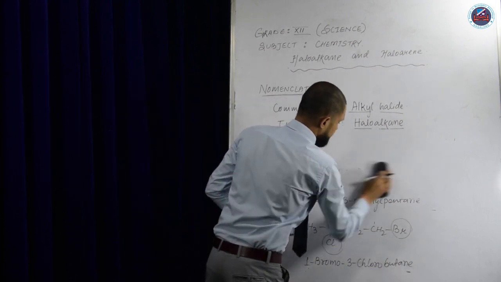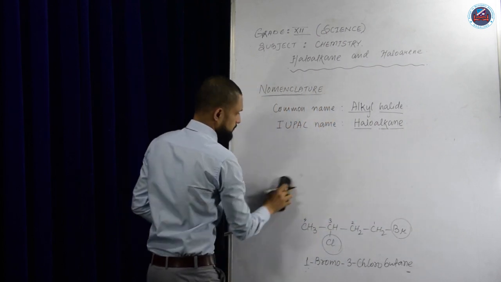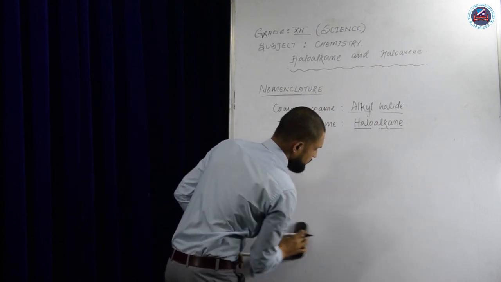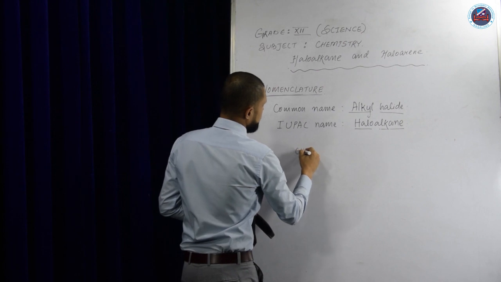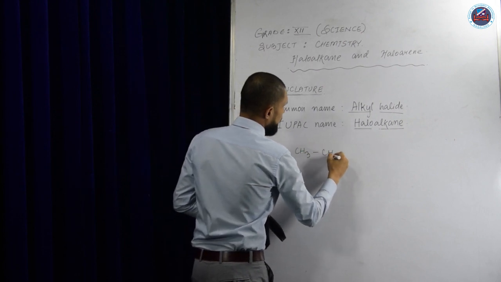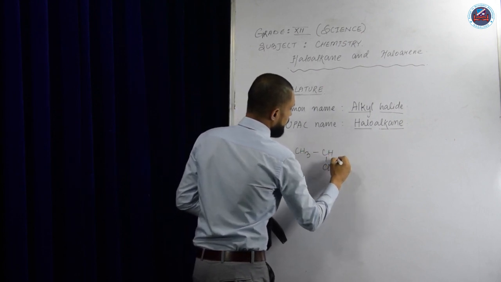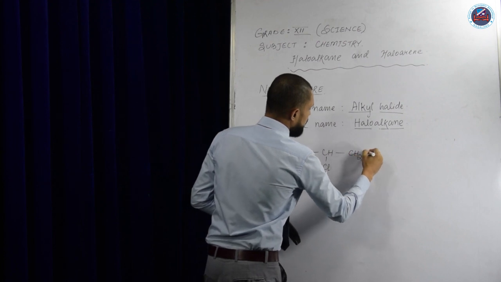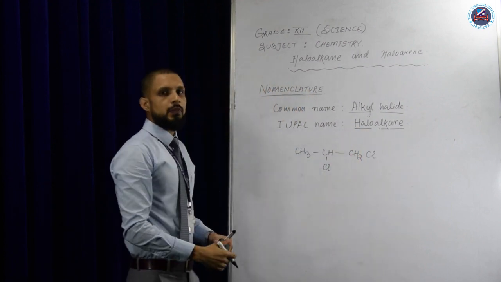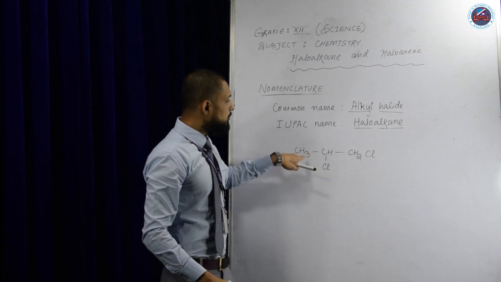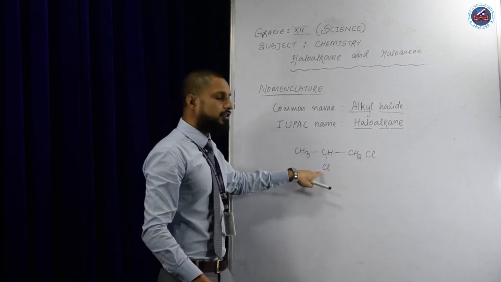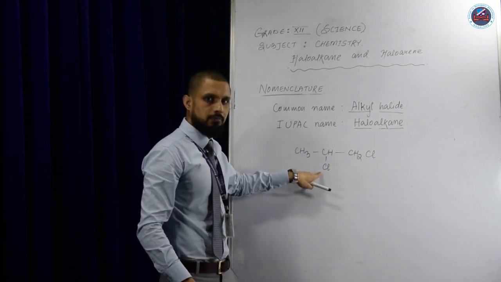Next, CH3, CH, Cl, CH2, Cl. Now you can see in this compound we have 2 substituents, but of the same type.